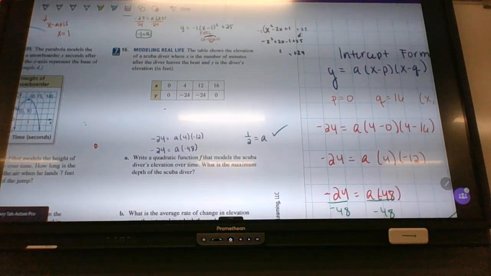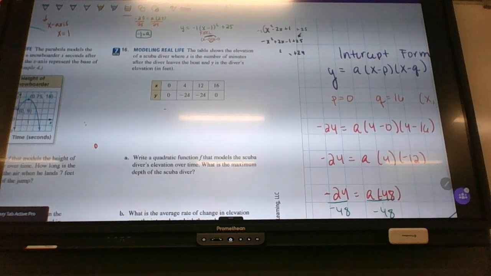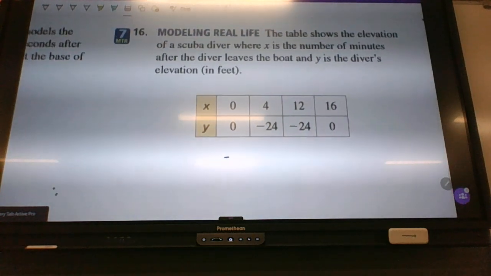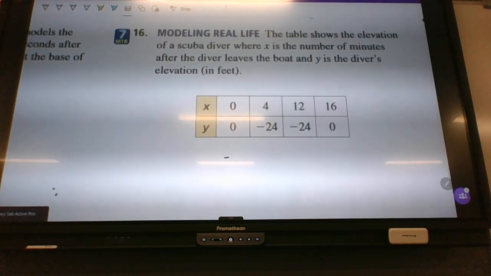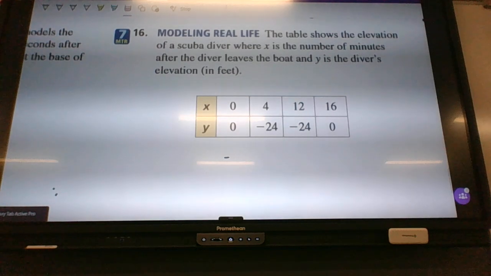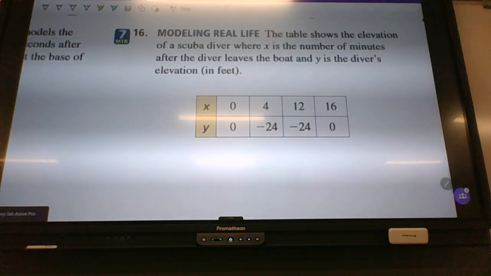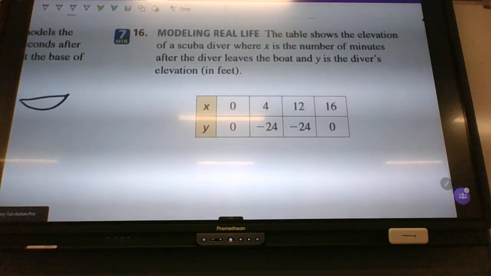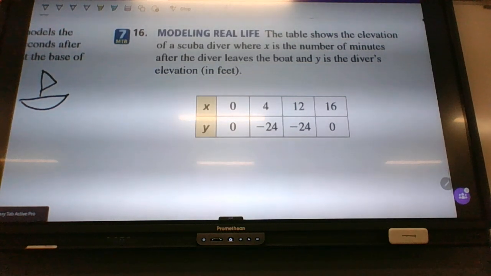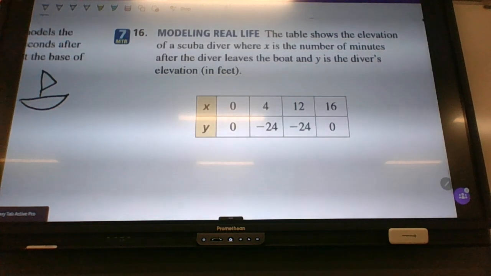Alright, this one's about a scuba diver. The elevation of a scuba diver: x is the number of minutes since they leave the boat, and y is the diver's elevation. So this time we got a boat. Scuba divers don't always go off sailboats, but sometimes they do.